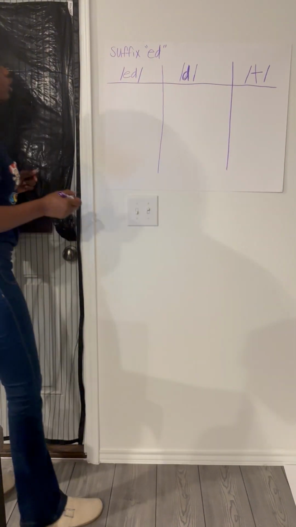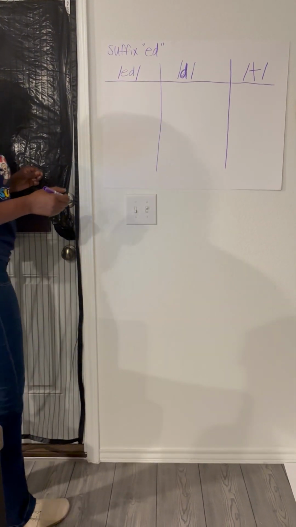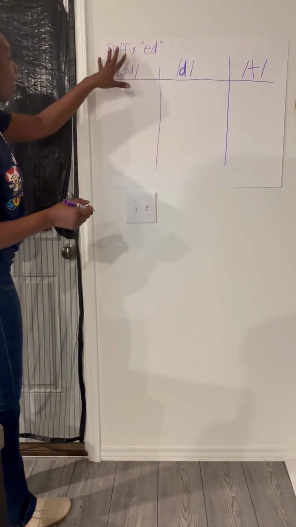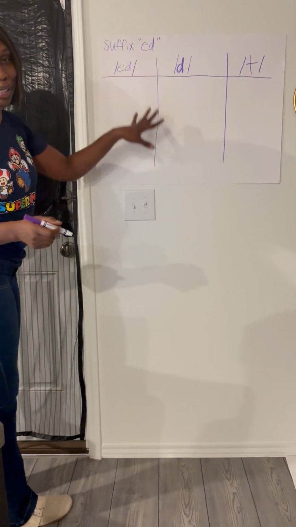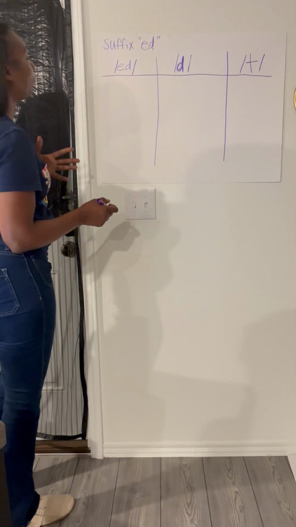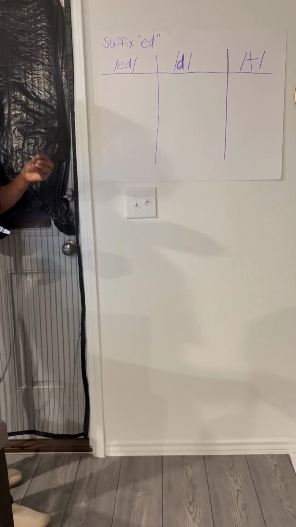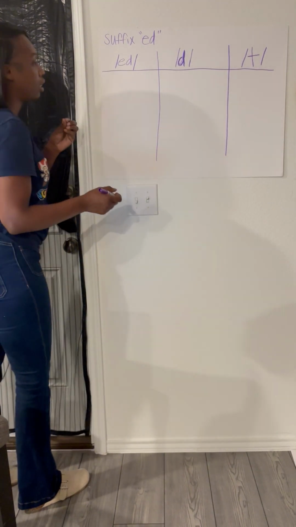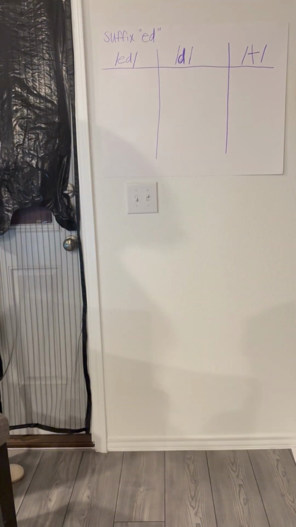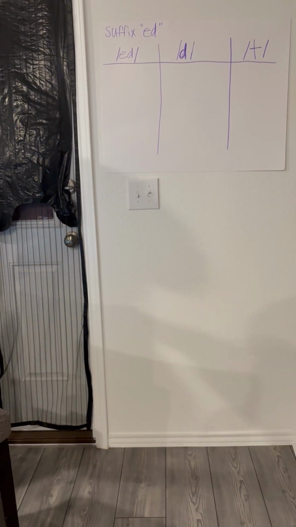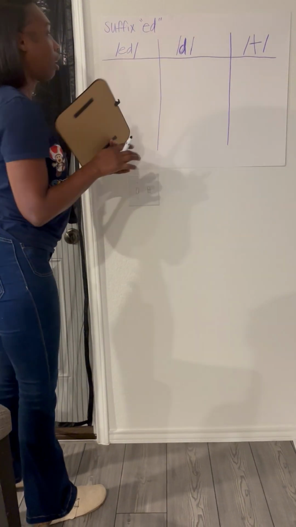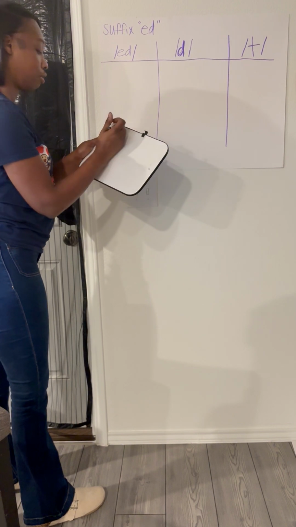I know I messed up, I should have left a little space on here. But my first word is going to be yelled. I'll spell it out on this board, and then we can write it on here since I don't have any space for my word.